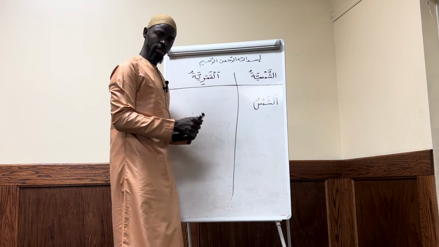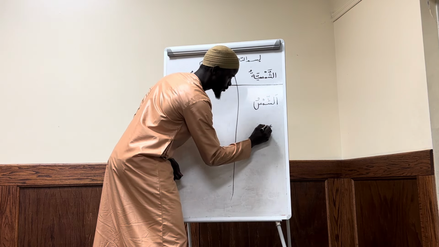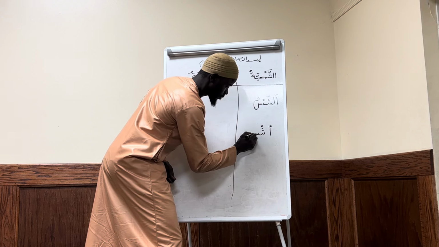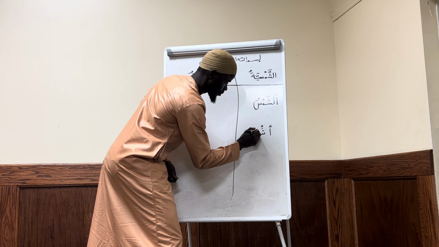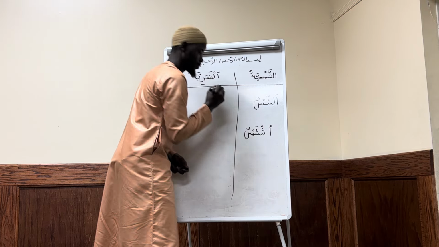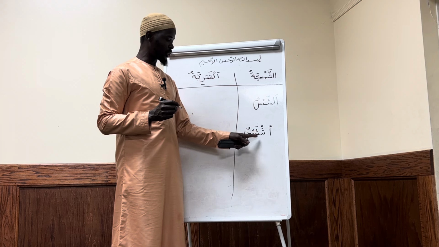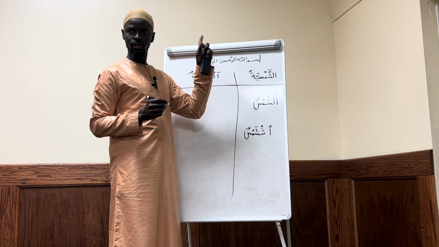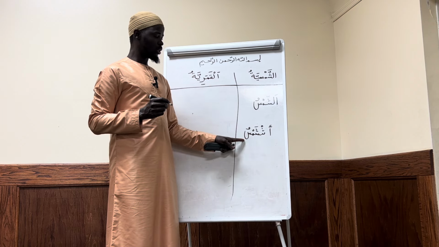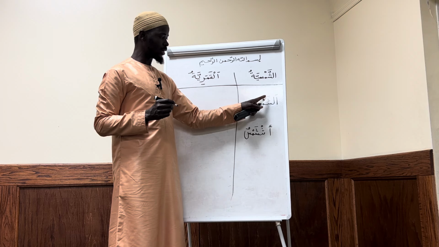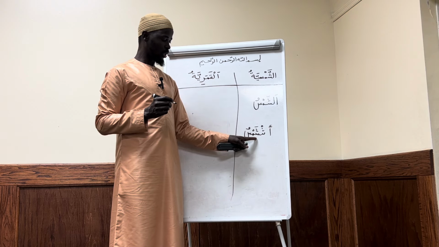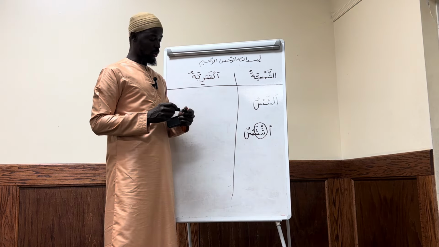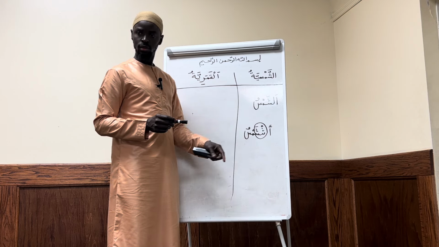Ash-Shamsu. Ash-Shamsu is what? The sun. So this shadda that you see here, on the sheen, is what? It's a double letter. The sheen is double. That's why they put the shadda on top of the sheen.